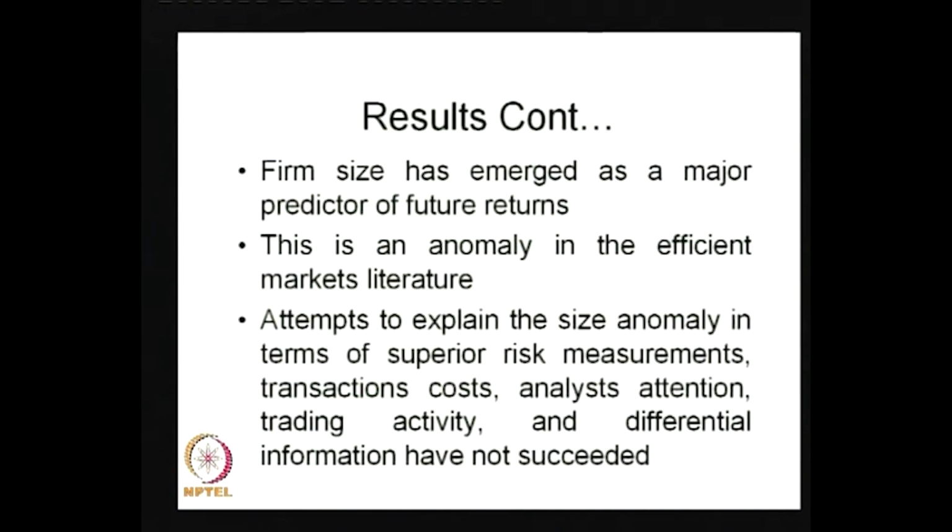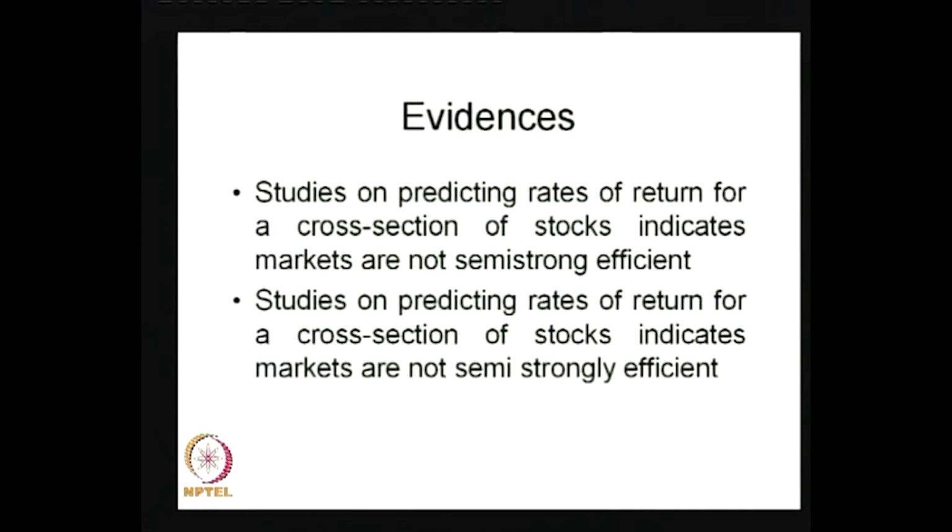So, the firm size has emerged as a major predictor of future return, as I already told you. This is an anomaly in the efficient market literature. Attempts to explain the size anomaly in terms of superior risk measurement, transaction cost, analyst attention, trading activity and differential information have not succeeded. Studies on predicting rates of return for a cross section of stocks indicate markets are not semi strongly efficient.